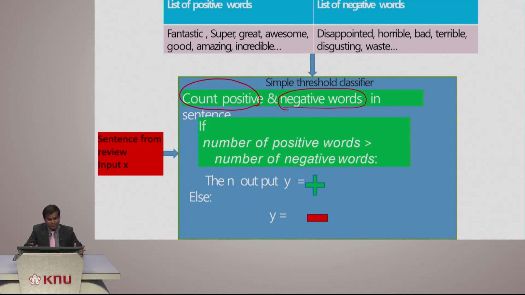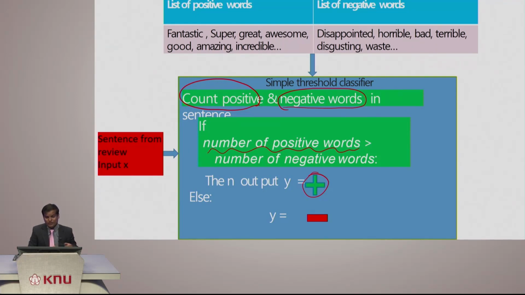So the idea is very simple. If the number of positive words is greater than the number of negative words, then the output is positive, else the output is negative, right?